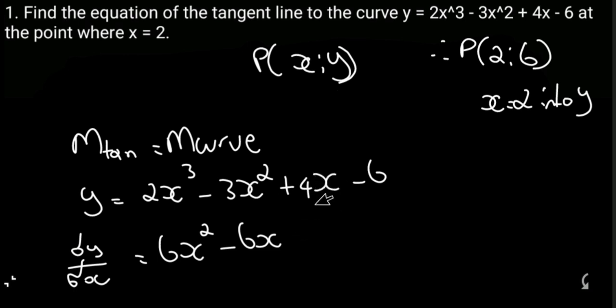The derivative of 4x is simply 4. So this is our first derivative for this curve. Now, this derivative represents the gradient of the curve.